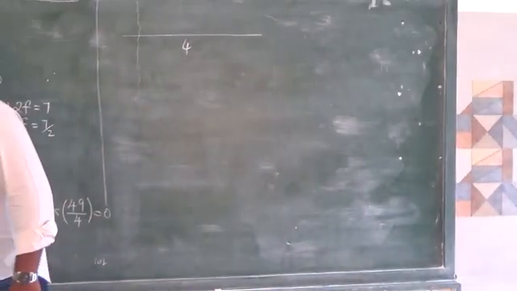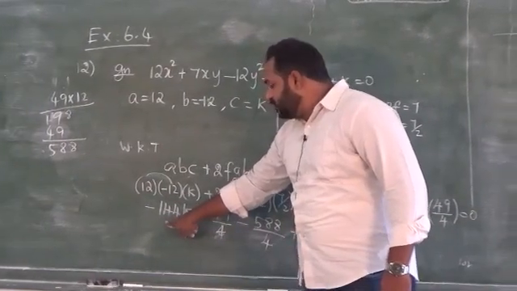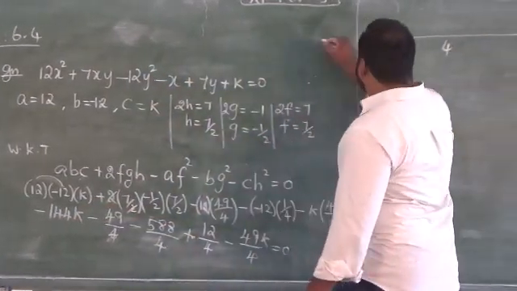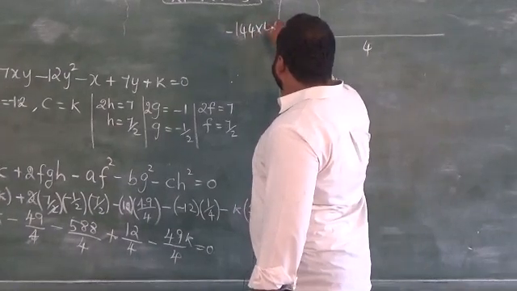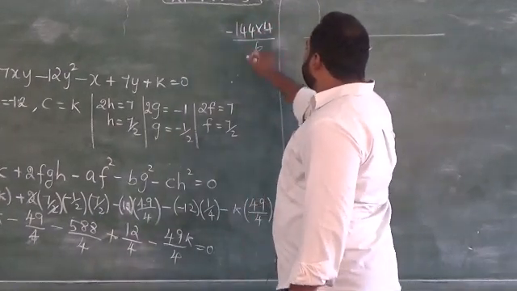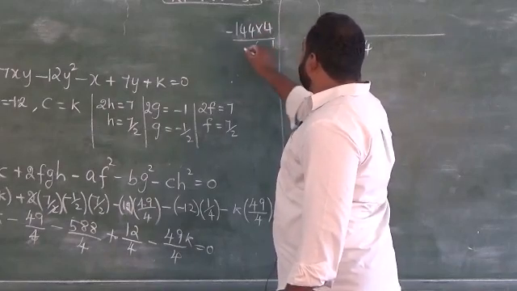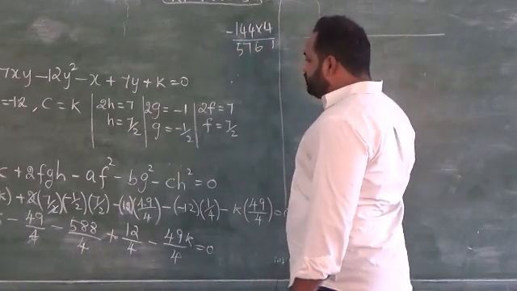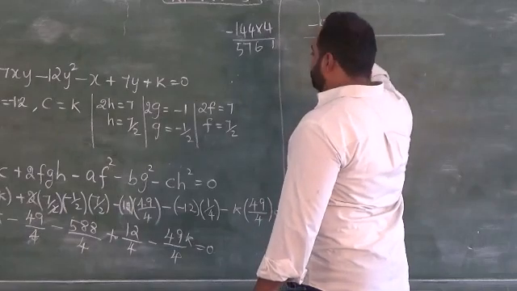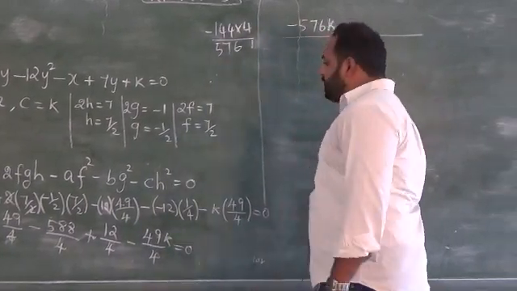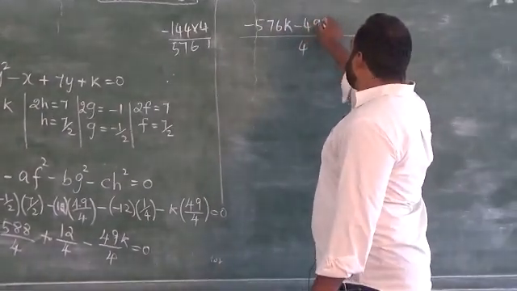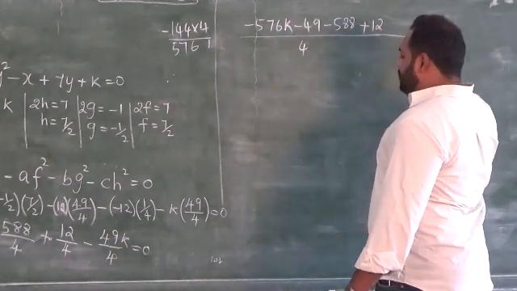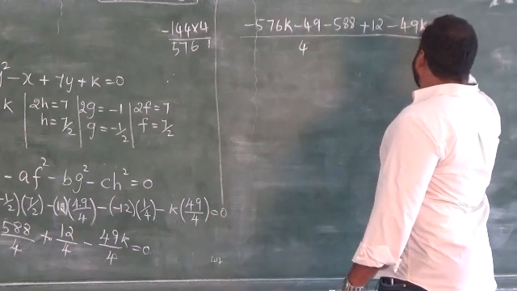Only here there is no 4 in the denominator, so I multiply 1 minus 144 into 4, which gives minus 576k, then minus 49, minus 588 plus 12 minus 49k equal to 0.